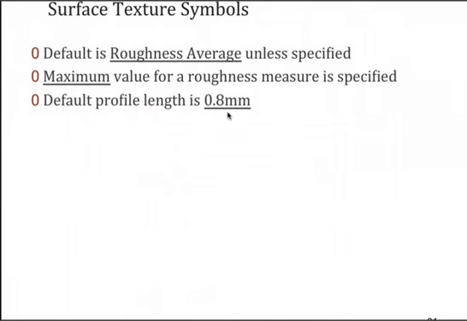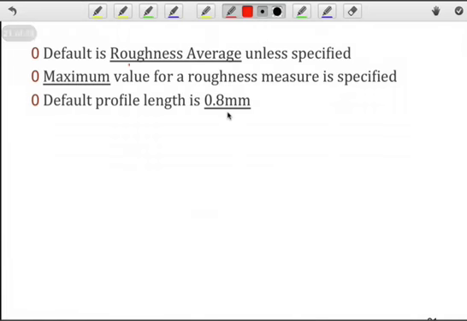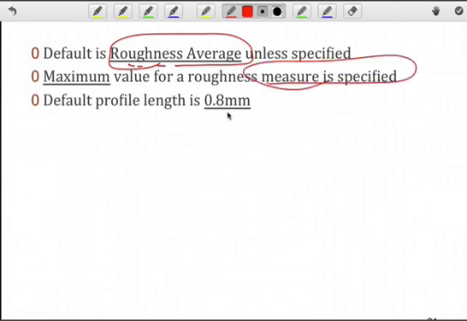Now, how do you know that you have a surface texture call out in the design specification? What you're going to see is a symbol, and the default for that symbol will be roughness average, and that's why you'll see it as the most common type of control. The maximum value for roughness is specified. So again, R sub A has to be less than or equal to this value.